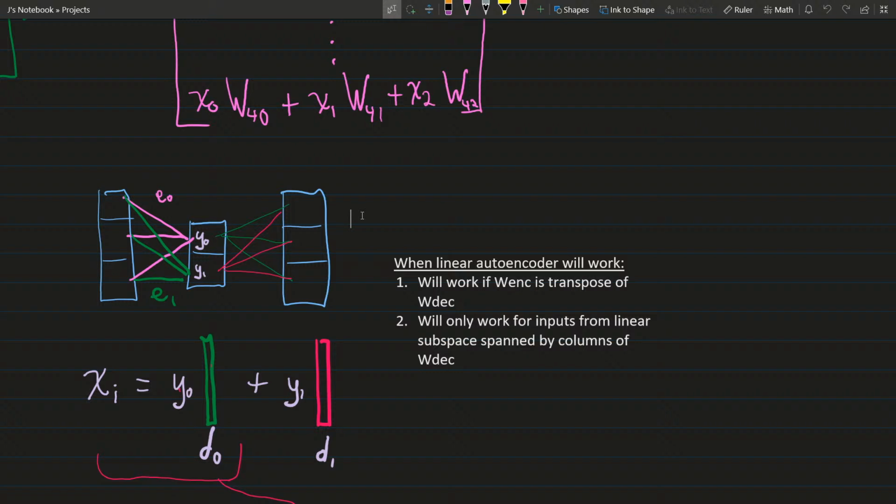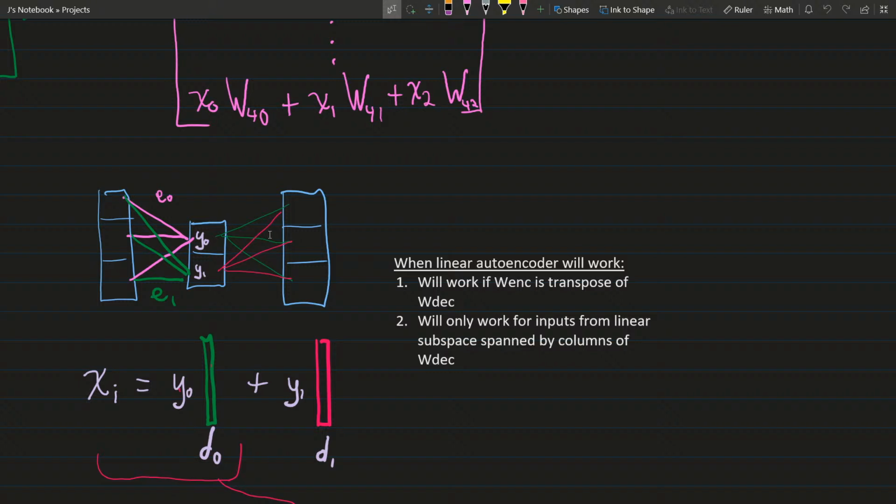There's also the question of what aspects of the data are being stored in the decoder weights. I feel like that's almost arbitrary.